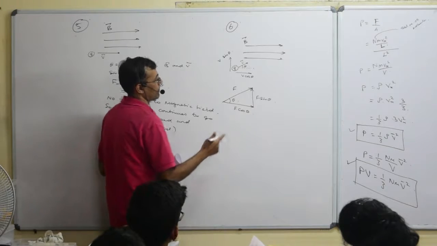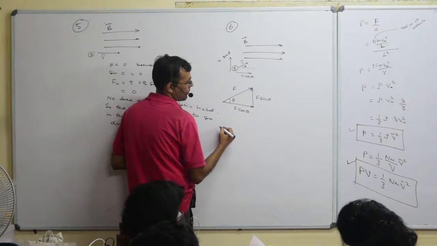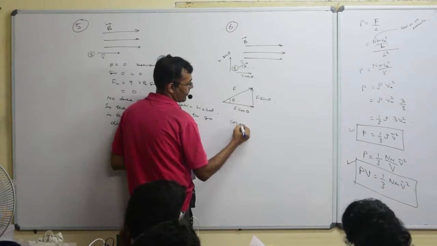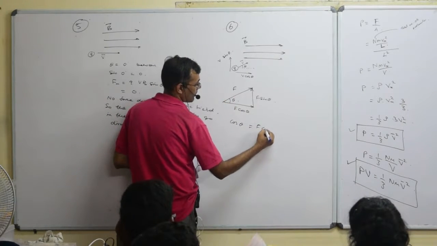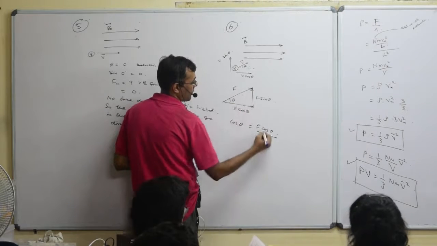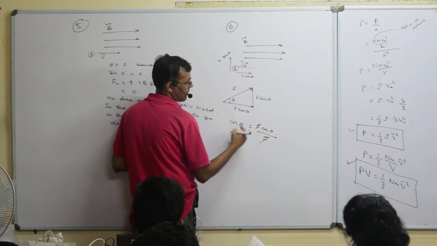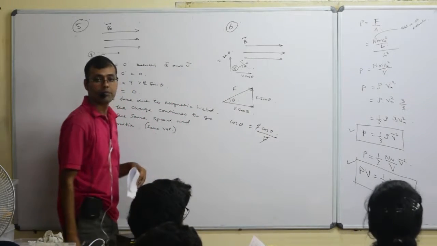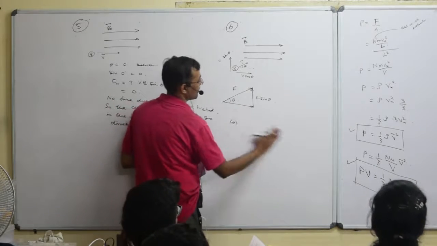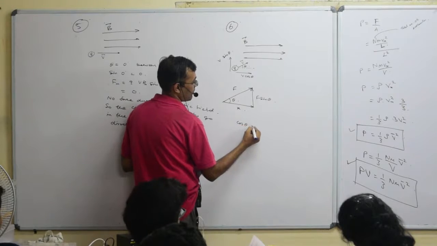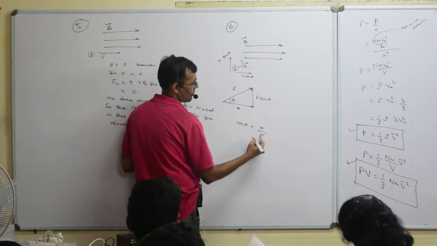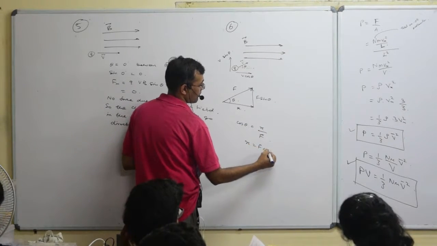Why? Because suppose I said cos theta means this by this, so it will be F cos theta divided by F. F and F will cancel and cos theta is equal to cos theta. Or if I don't know this, let's call it X. So cos theta is equal to X divided by F. So if I want X, I can say F cos theta.